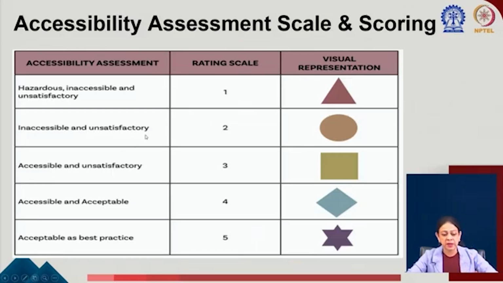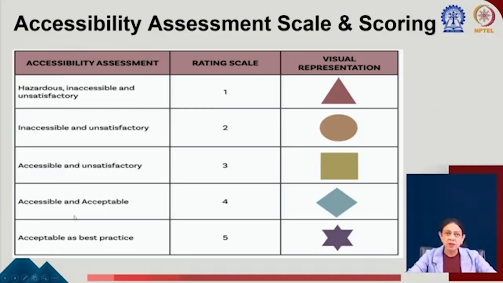Inaccessible and unsatisfactory means slightly better. Maybe the handrail is there, but still the other things are not satisfactory. Now, these are basic examples I am giving. Accessible and unsatisfactory: maybe other than the staircase, you also have a ramp, but the slope is not proper and you are feeling unsafe, so that is unsatisfactory.